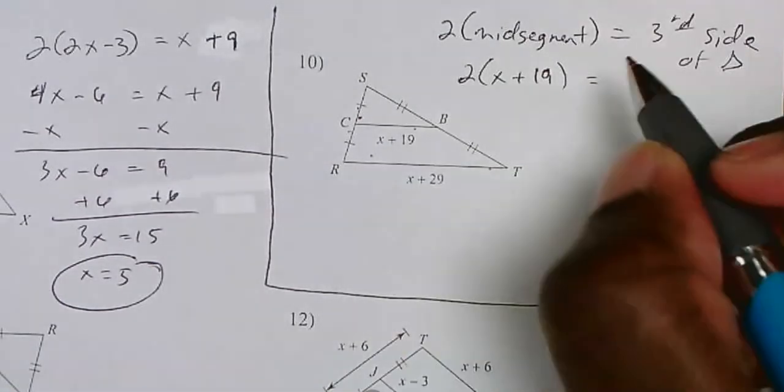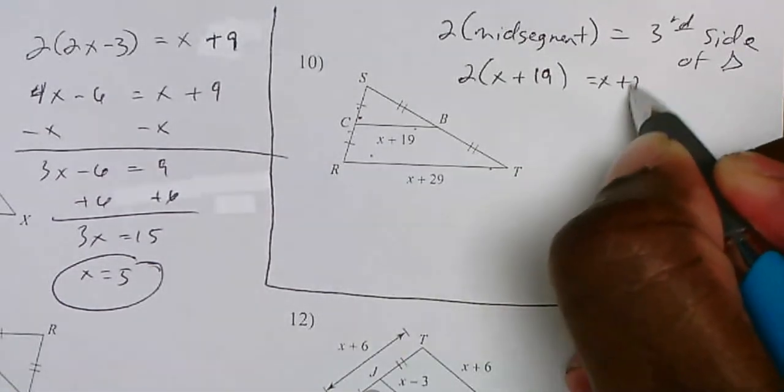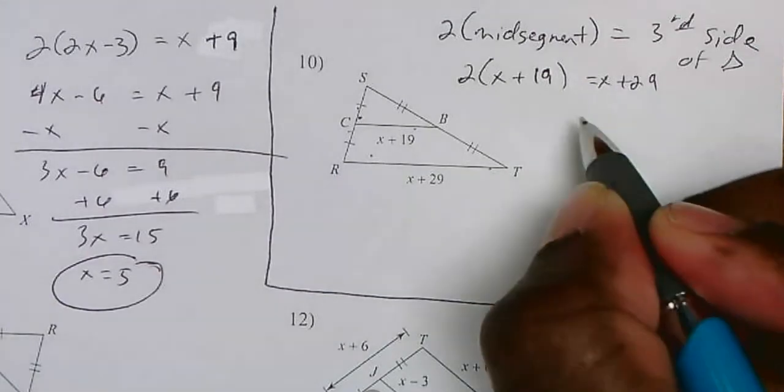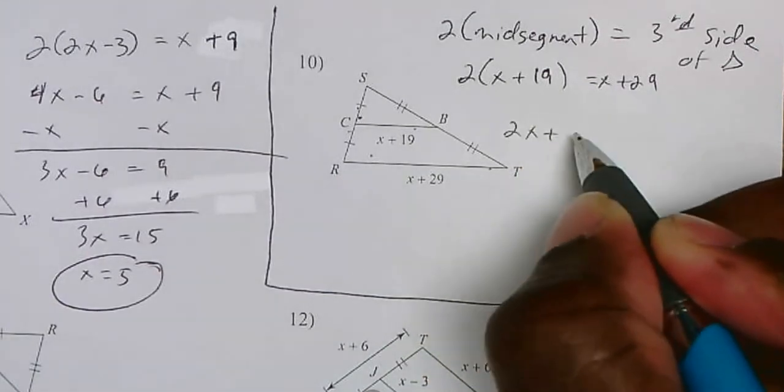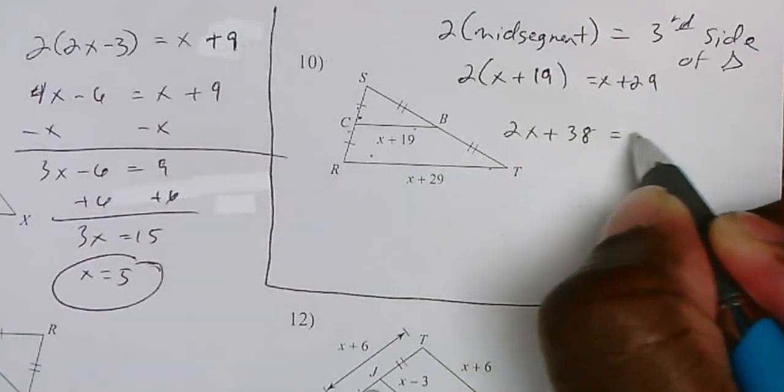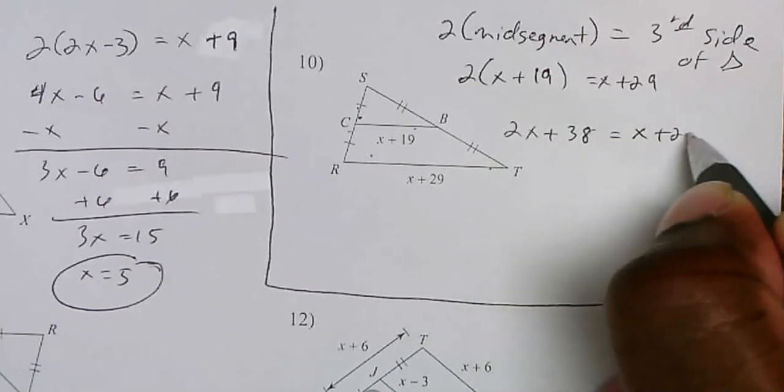So twice that equals x plus 29. So I know 2x plus 38 equals x plus 29.